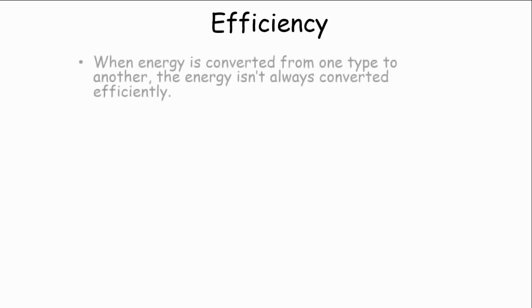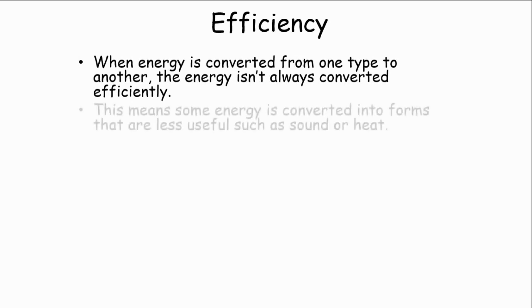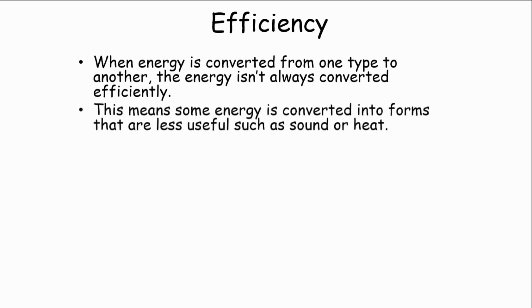Another one of the things that we need to consider is efficiency, because power stations don't generate electricity perfectly. They waste energy. So let's have a look at some efficiency. When energy is converted from one type to another, the energy isn't always converted efficiently. This means some energy is converted into forms that are less useful, such as sound or possibly heat.